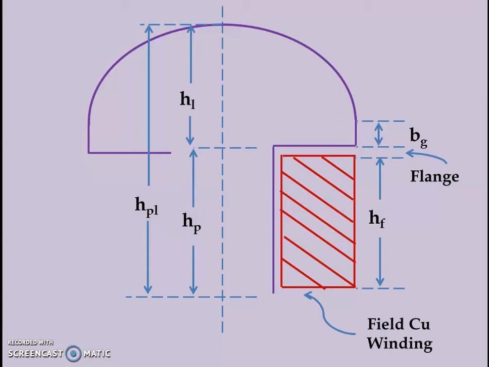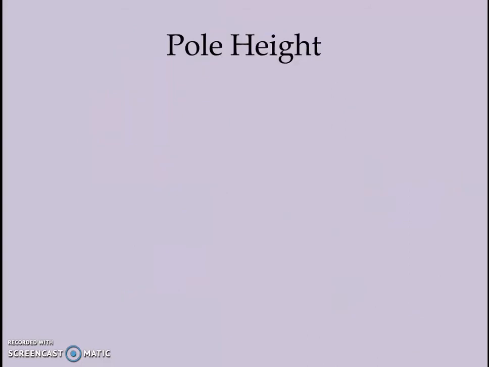So H_P plus H_L, that is the total height of the pole. This should be known to everybody, and then accordingly we are going to design each and every part of the height to decide the final height of the pole shoes and pole body. So now we start with the pole height.